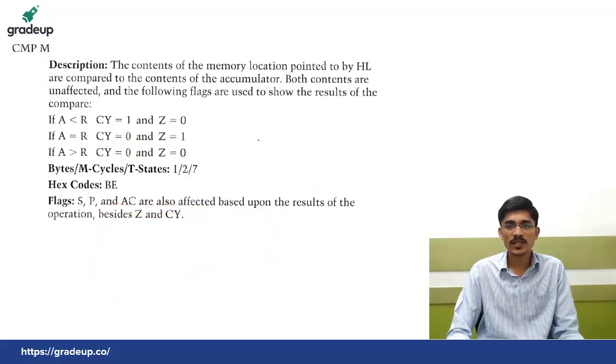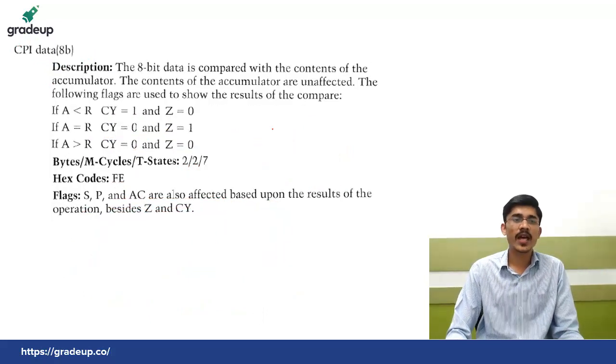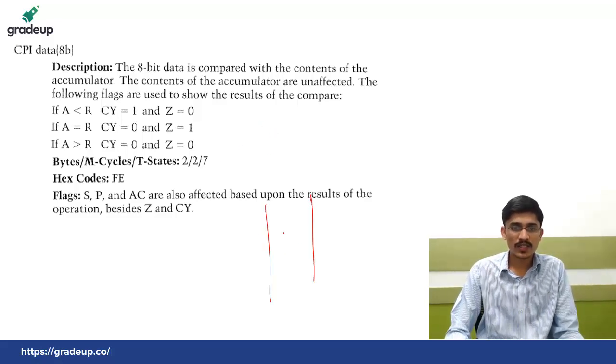So let's move to the next instruction, where we have compare immediate 8-bit data. Here it will be written as FE, and suppose here it is given 50 while your accumulator has 20. So let's see what is happening.